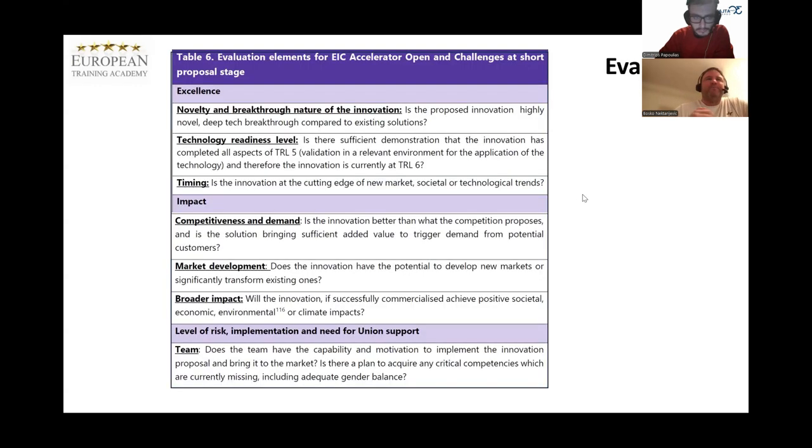So let's start with the questions or evaluation of the short application. This is what we need to cover in the first step, and to address each one of these to get maximum score.